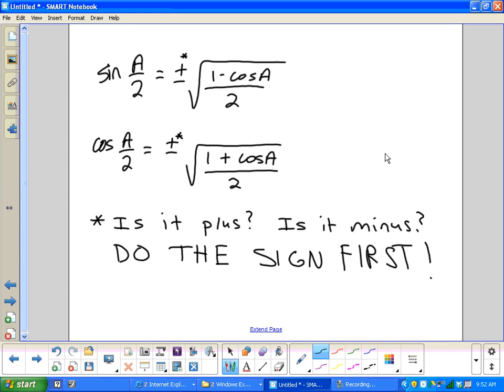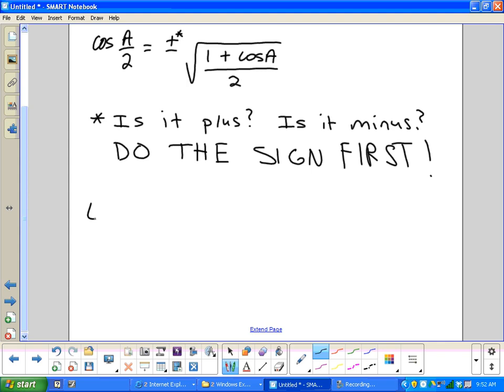Now, you have two formulas for a tangent. One thing about the tangent formulas is you don't have to worry about the plus or the minus sign. This one, tangent of A over 2, is 1 minus cosine A over sine A. This one has an alternative formula, and I usually don't use this one, but let me give you the second one.